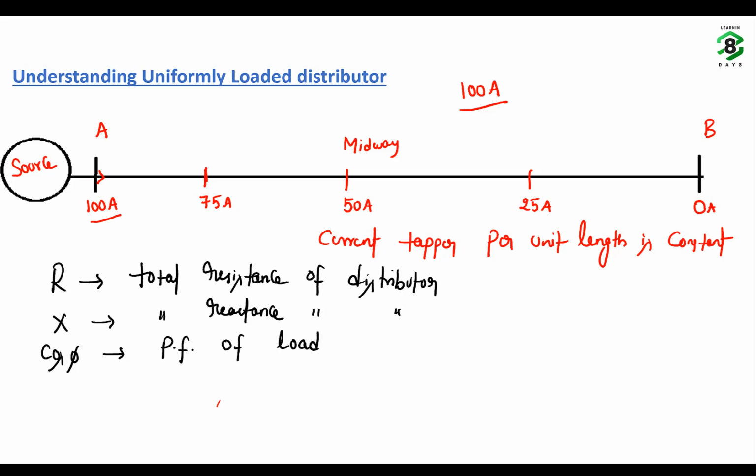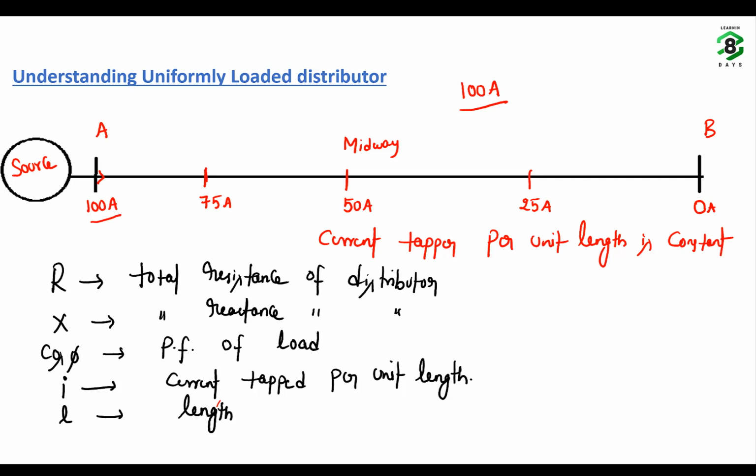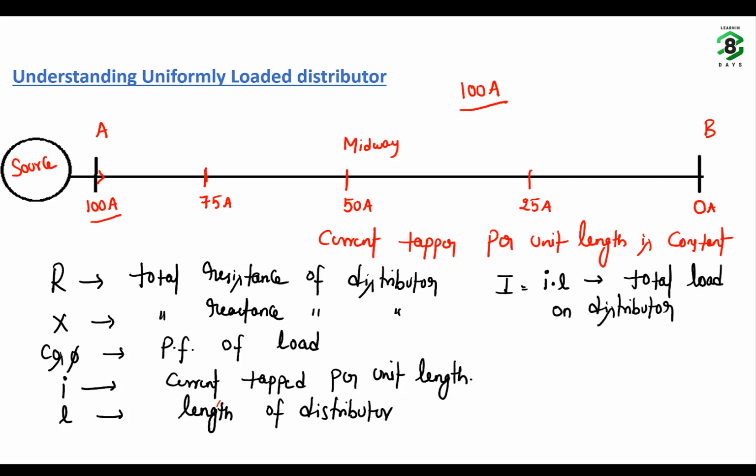That means the power factor of the load is constant, which is cos phi. Let small i be the current tapped per unit length. Let small l be the length of the distributor. Now capital I, that is equal to small i into l, is the total load on the distributor.